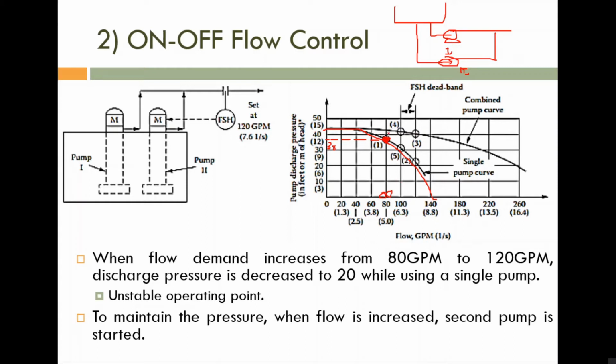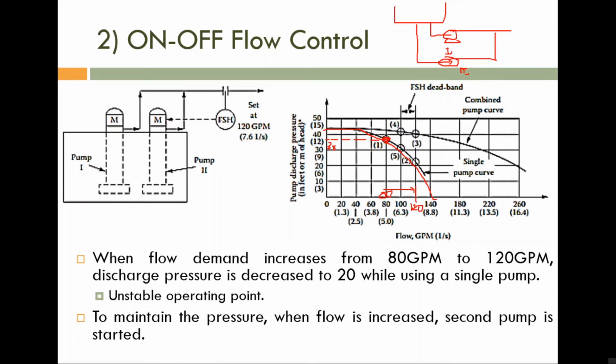Now, due to some reason, the flow demand is increased from 80 to 120 GPM. If the flow rate demand is increased to 120 GPM, the pump will definitely follow its normal curve.